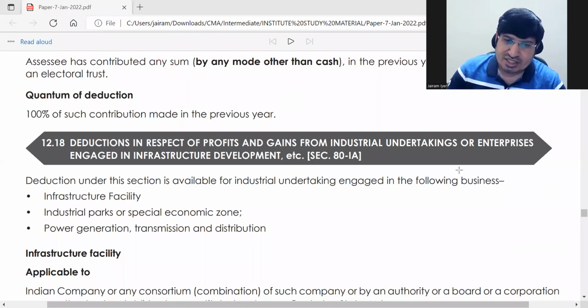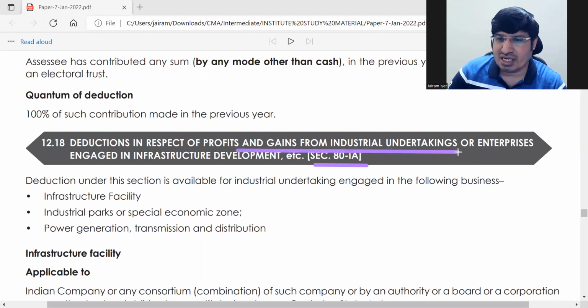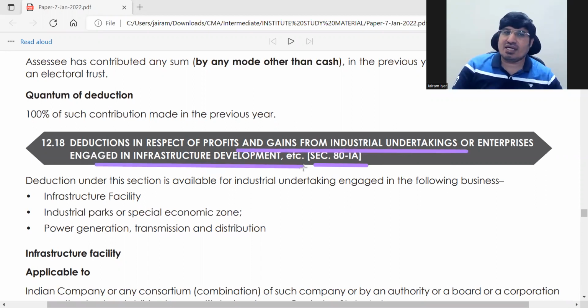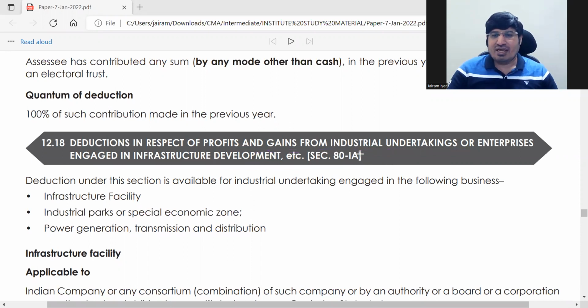So next is section 80IA. This is the deduction for profits and gains from industrial undertakings engaged in infrastructure development, etc. These are basically infrastructure development companies. Here the I series, 80IA, 80IAB, 80IAC, all start with I, so you can think that I is for infrastructure development.